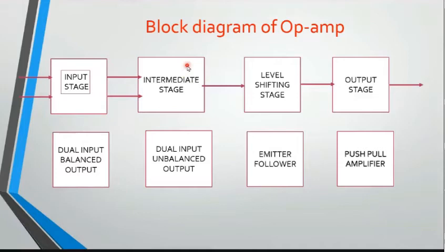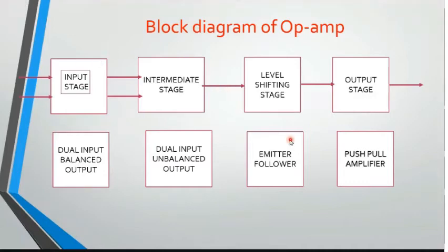Then the next stage is called the intermediate stage. The output from the input stage comes to the intermediate stage. There you have 2 terminals for the input, and from the intermediate stage there is 1 output.